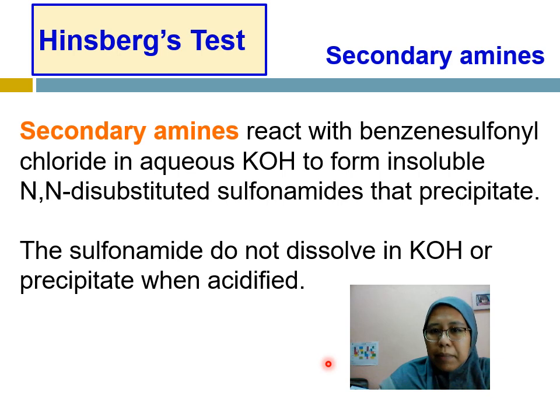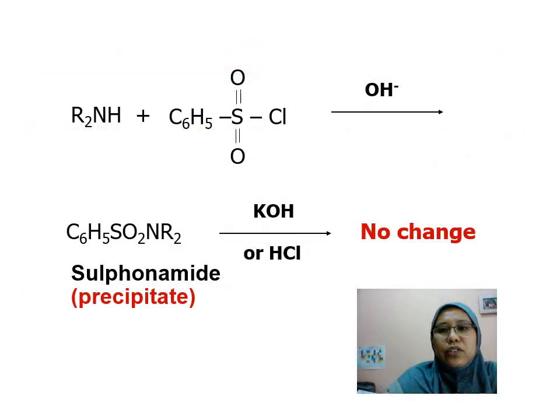For secondary amines, the observation would be different. So it is going to form an insoluble sulfonamide, and it stays after we add HCl. So as you can see here, this is the secondary amine. This is the Hinsberg reagent. And as we react it with the base environment, it is going to form a precipitation.